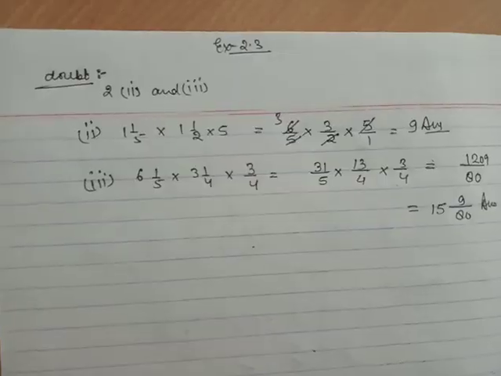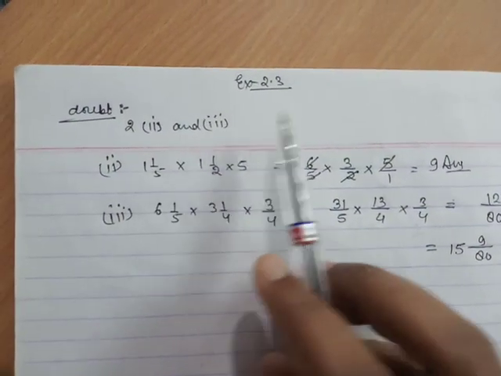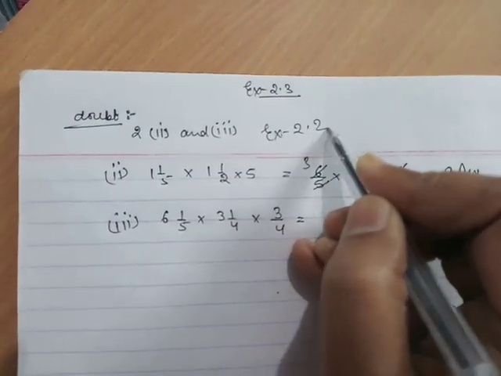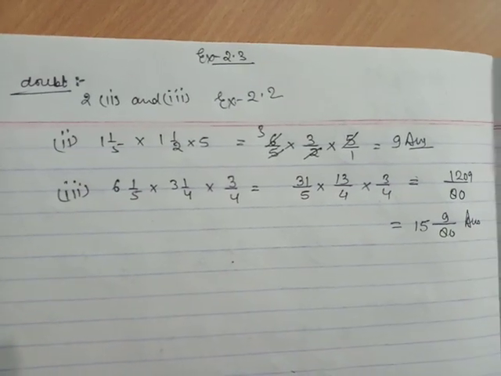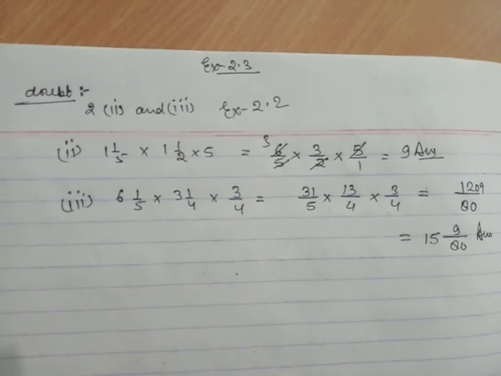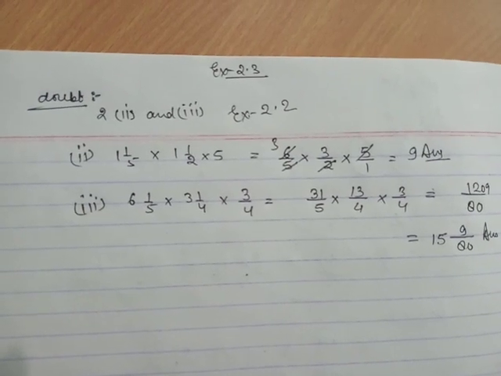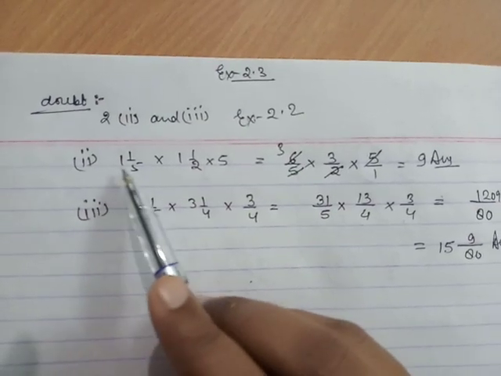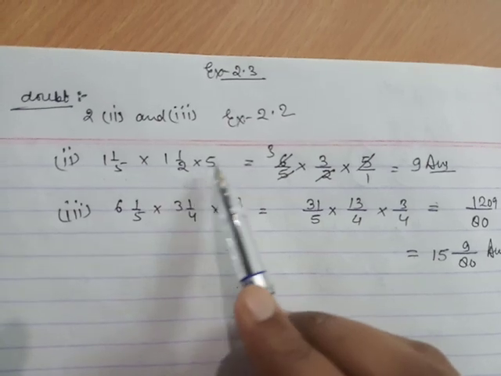Okay, so many of you have told me that in exercise 2.2 question number 2, the first, second and third parts were doubts. The first part we have discussed, and several people have doubt in these two parts, so we will go through that. The second part was 1 whole 1 by 5 multiply 1 whole 1 by 2 multiply 5.